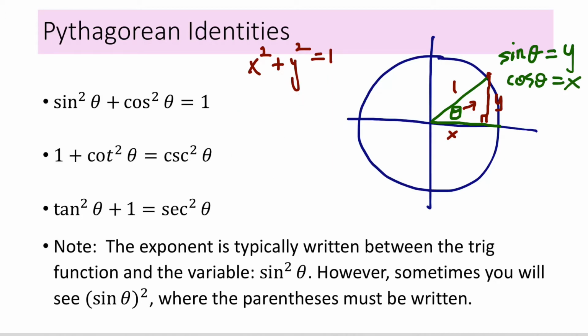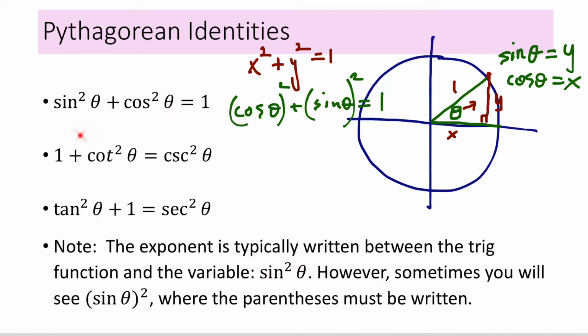Now we can substitute for x and y in this equation, and we'll get, substituting for x, the cosine of theta squared plus the sine of theta squared is equal to 1. Looking at this note down here, the exponent is typically written between the trig function and the variable like this.